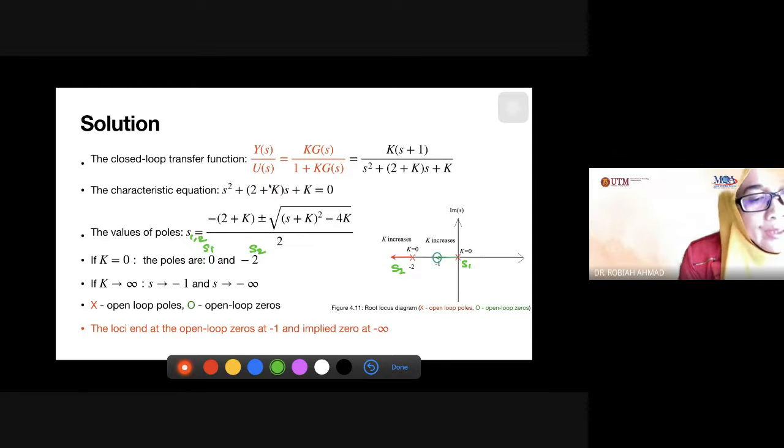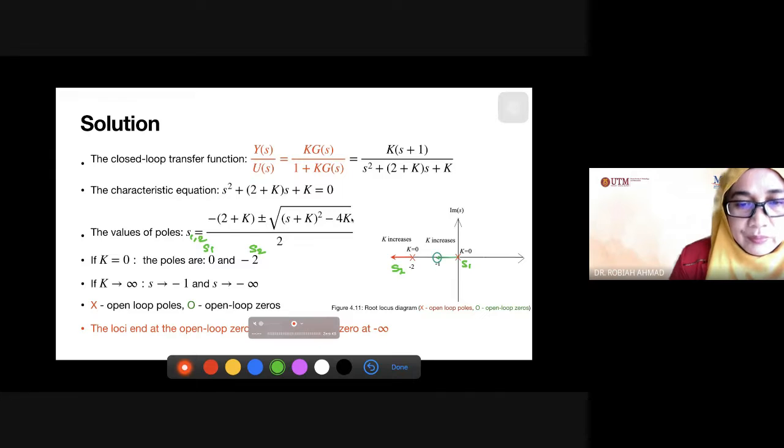What happened when k equal to infinity? Okay, so when k equal to infinity, we put that k infinity into this equation, the values of poles. So when k equal to infinity, we will get two values. One is minus 1.